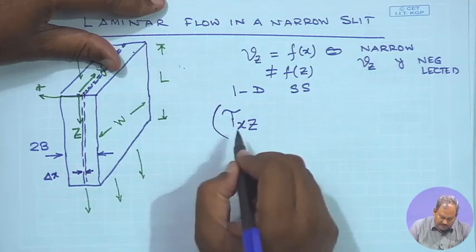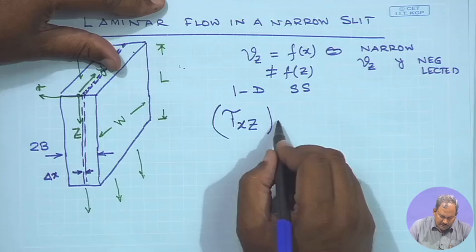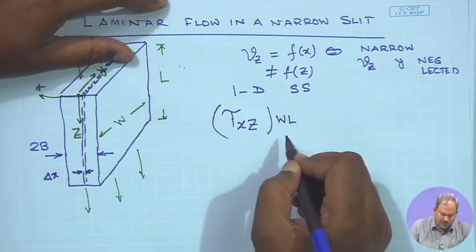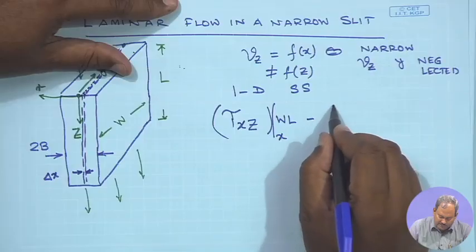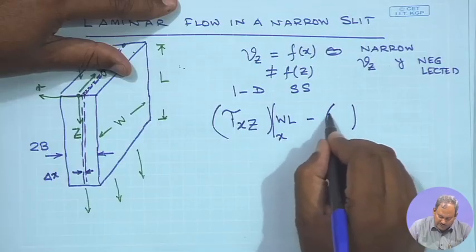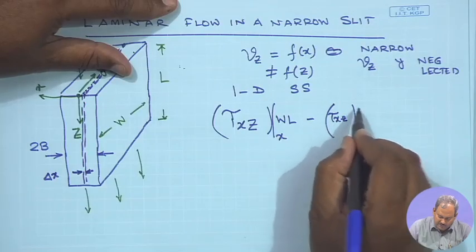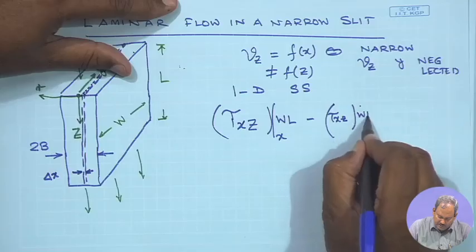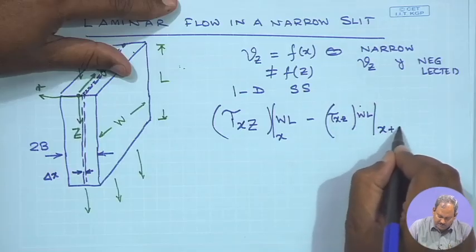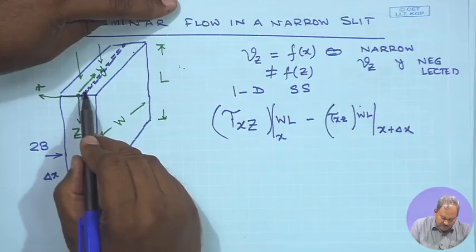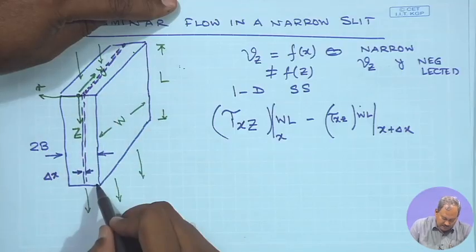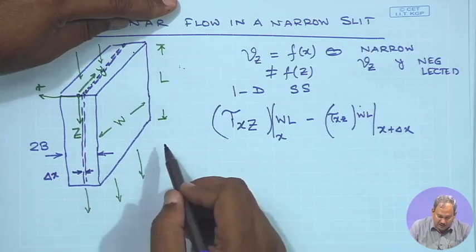So, if that is the case, then tau x z works on an area WL, which is evaluated at x, and then the same thing goes out, tau x z times WL, but here we have x plus delta x. The amount of convective momentum which comes in through the top and leaves at the bottom are equal.